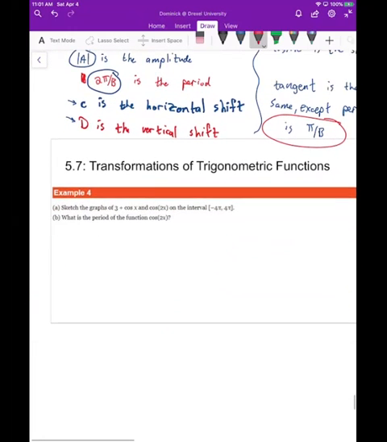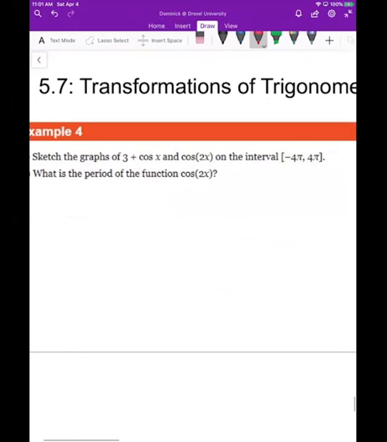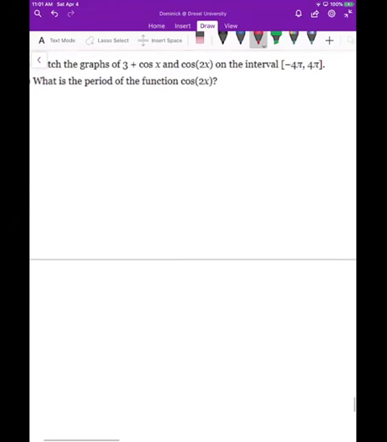Okay, now we already sketched the graph of 3 plus cosine, and I guess we didn't do cosine of 2x. So let's go ahead and do that. Let's maybe just look at cosine of 2x since we already did 3 plus cosine of x. So let me paste my graph here.